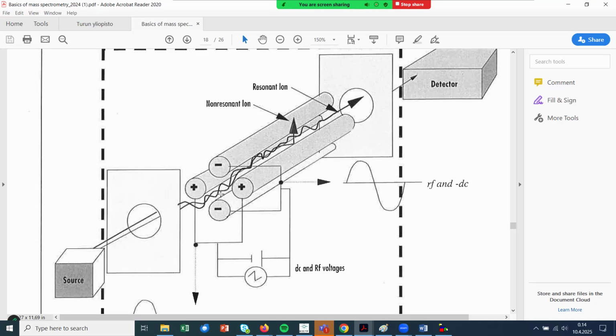So the settings are made so that, of course, we as users don't need to know about the radio frequency or direct current amplitude values at all. We just tell the instrument, hey, I want to monitor this ion 234.9. And our computer and software set these values so that only this ion can pass through to be detected.